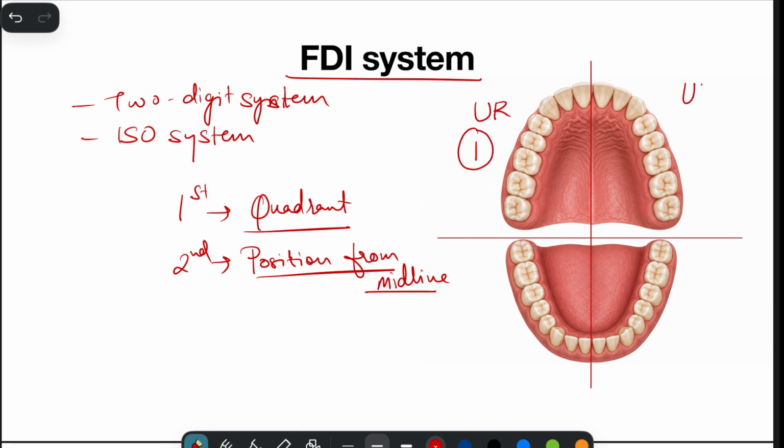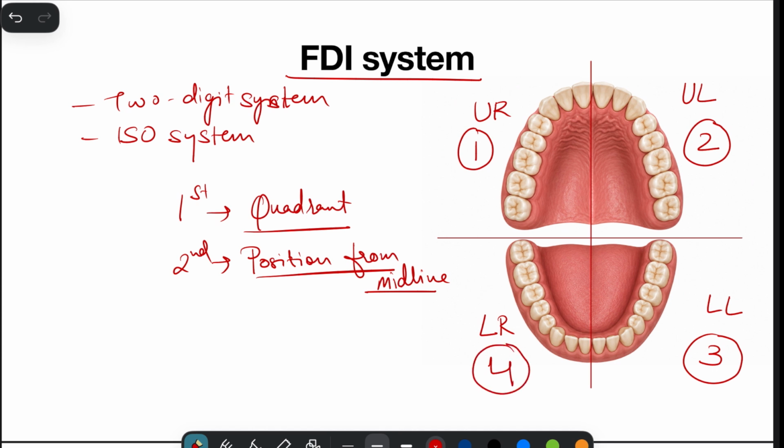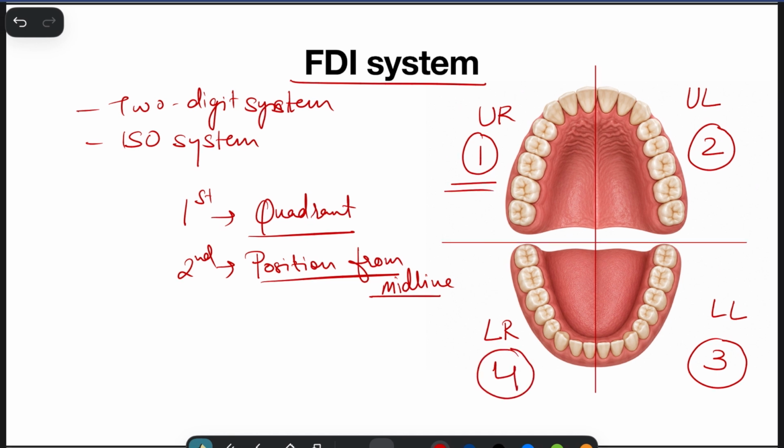The upper left quadrant is number 2, the lower left quadrant is number 3, and the lower right quadrant is number 4. Students commonly make mistakes in remembering the sequence, so remember this.